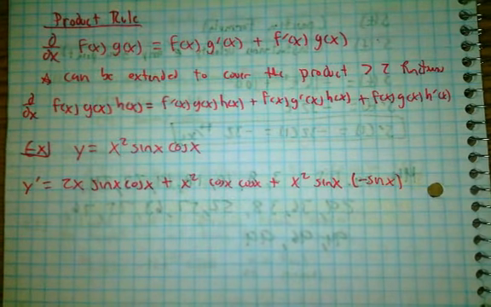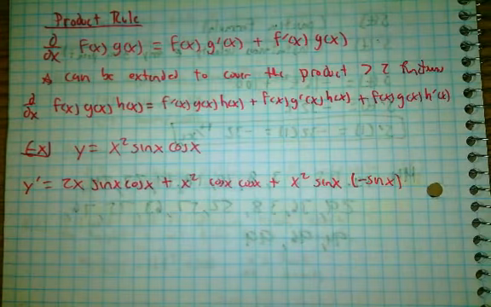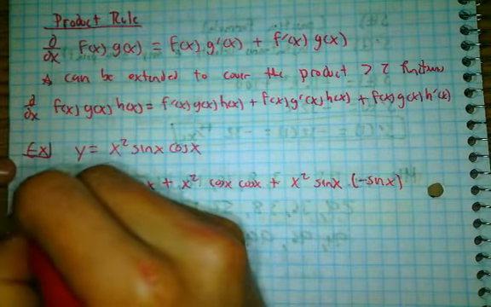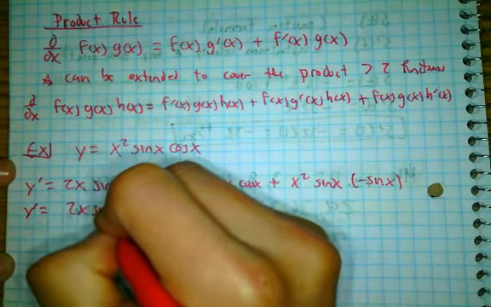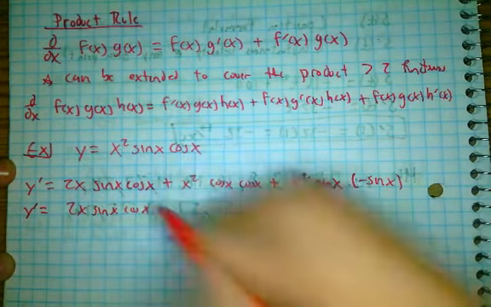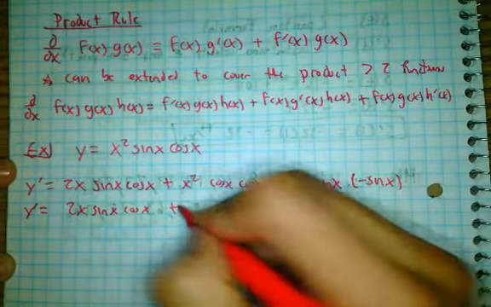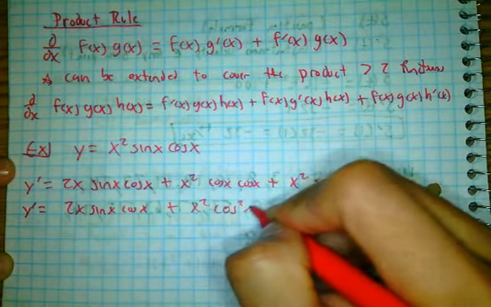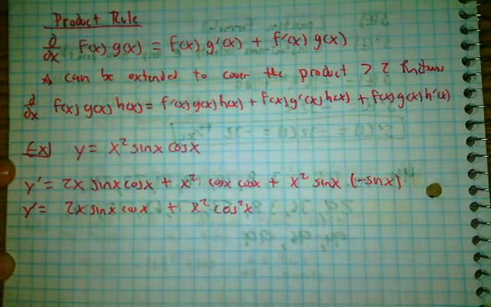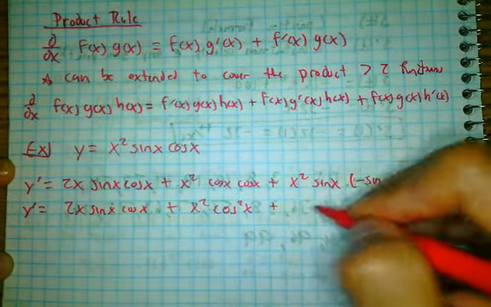Alright, now I'm going to just kind of clean this up a little. So y prime equals, I'm going to leave this alone as 2x sine x cosine x. I'm going to rewrite this as x squared times cosine squared of x. You guys okay with that? And then I'm going to rewrite this as, actually I don't need a plus there.